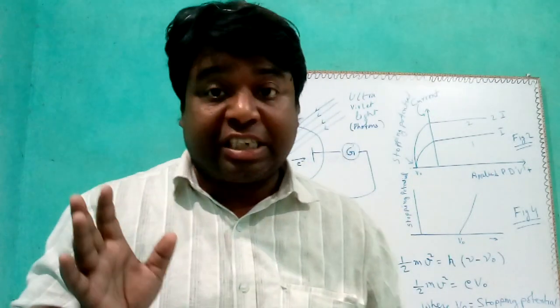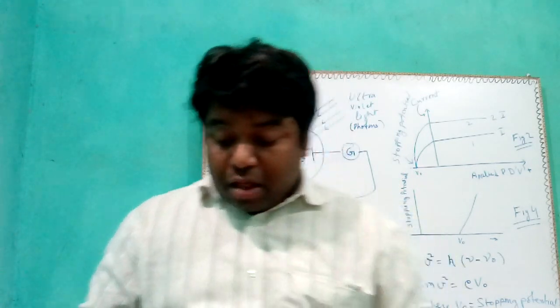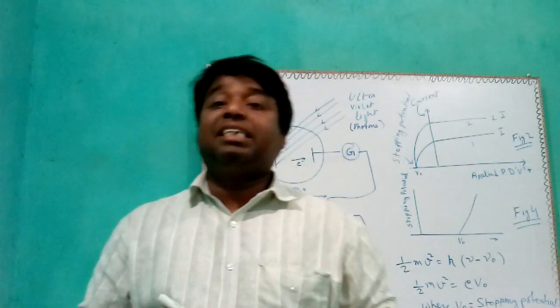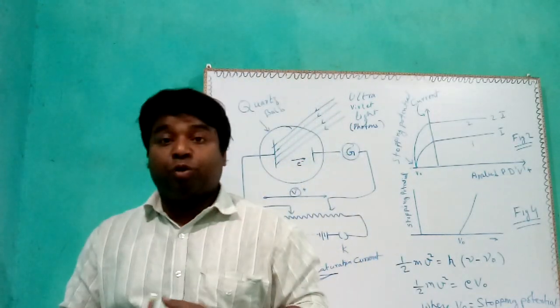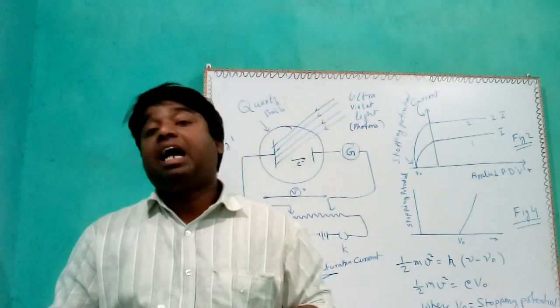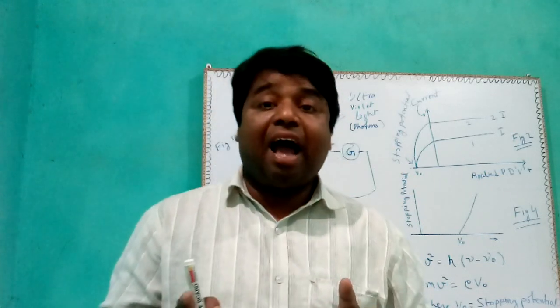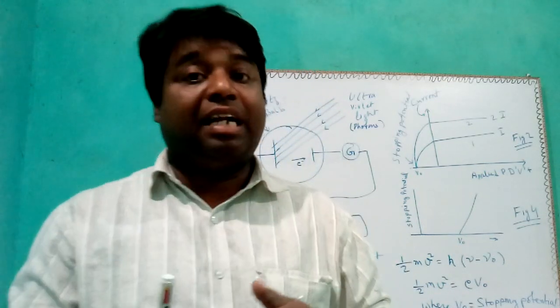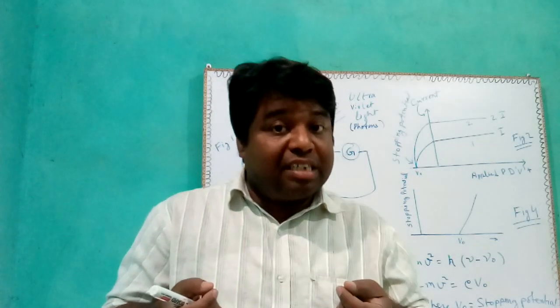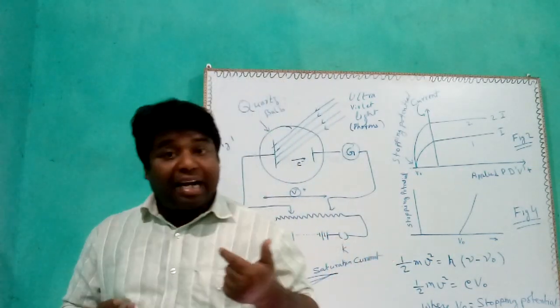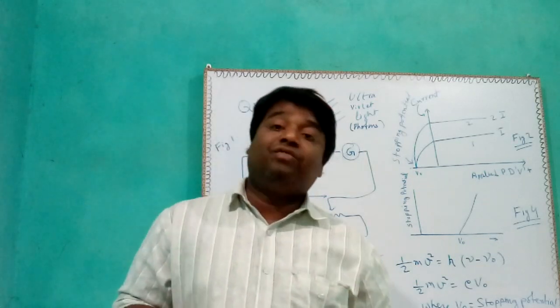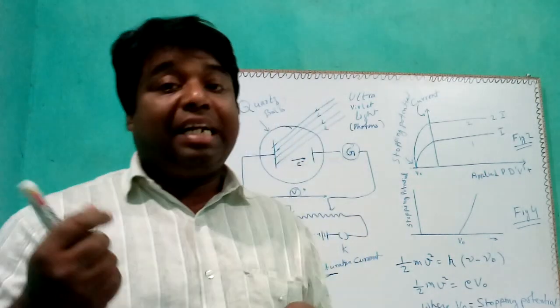All these show this phenomenon. Only the thing is, some materials have a lower cutoff potential, and some have a higher cutoff potential. Meaning the amount of energy required to liberate an electron will be higher in some cases and lower in some materials.